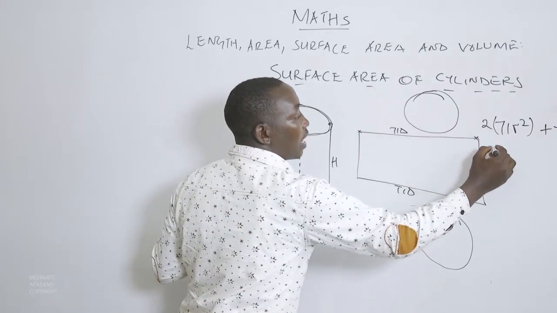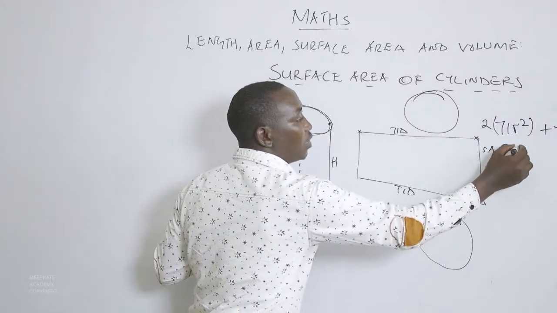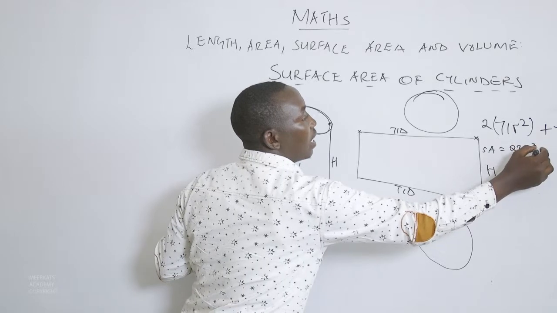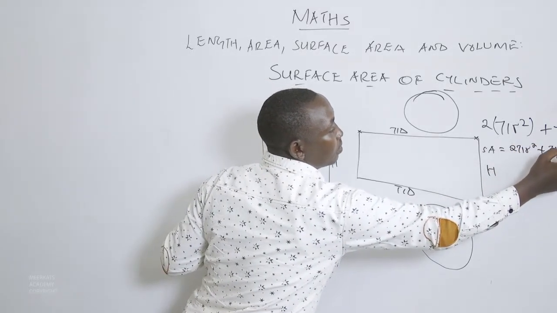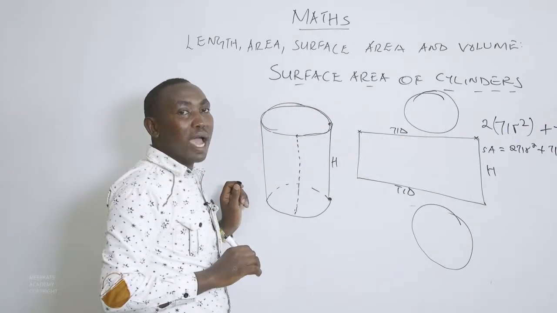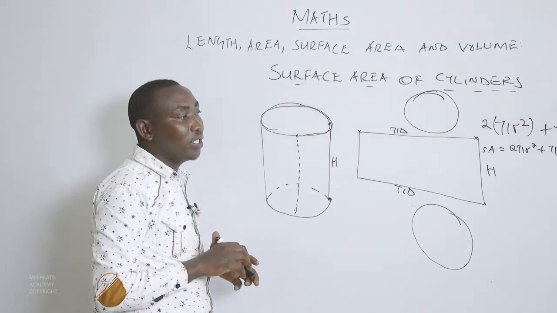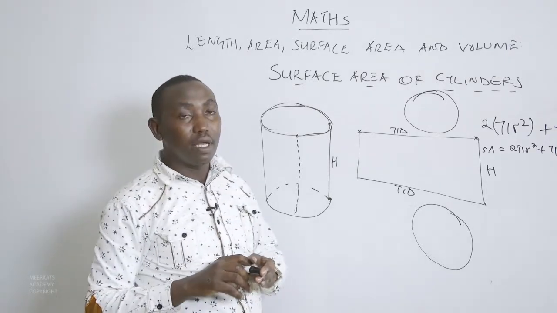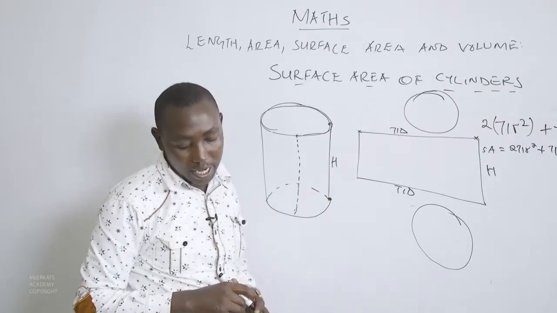So in a nutshell, the area of a cylinder, or the surface area of a cylinder, will be given by 2 pi r squared plus pi d h, where d is the diameter and h is the height of that particular cylinder.